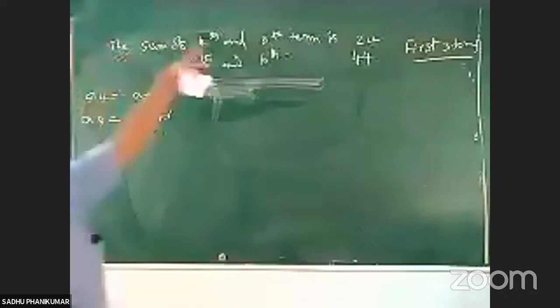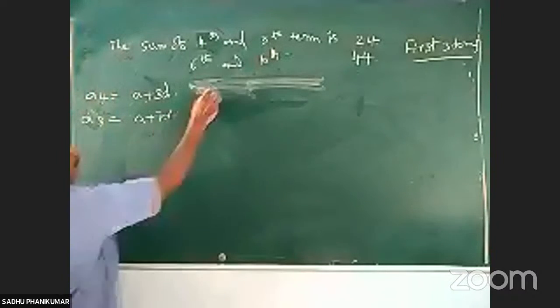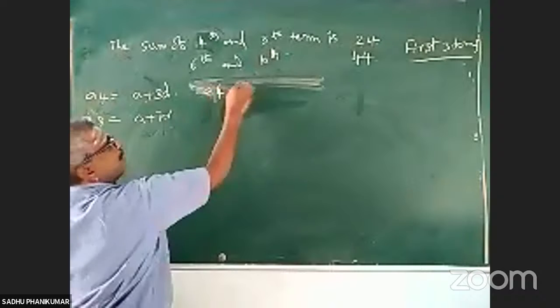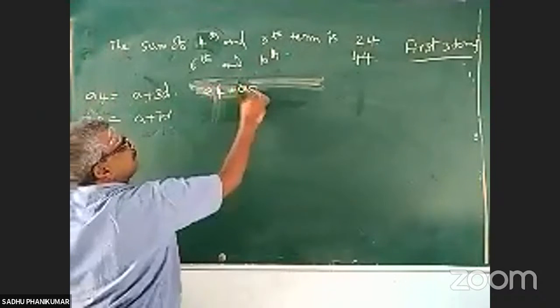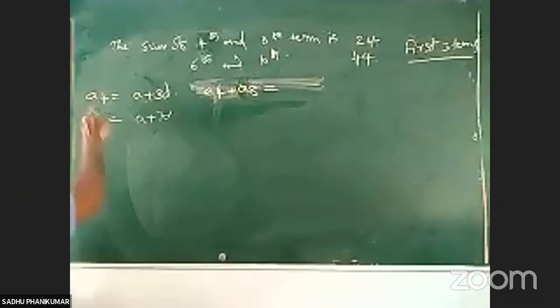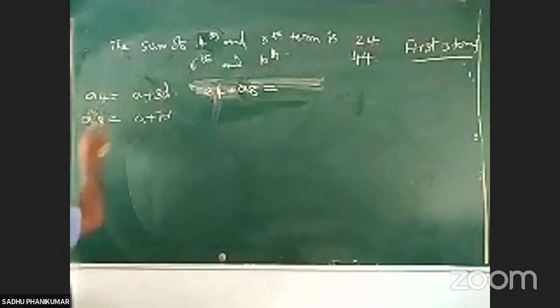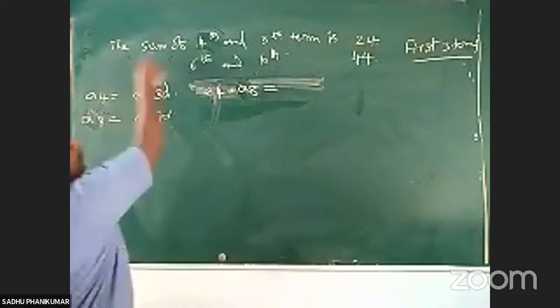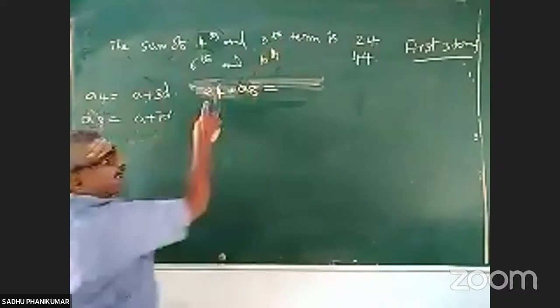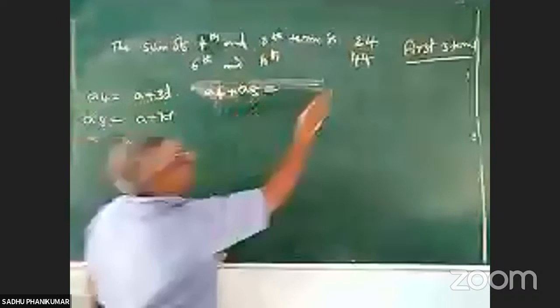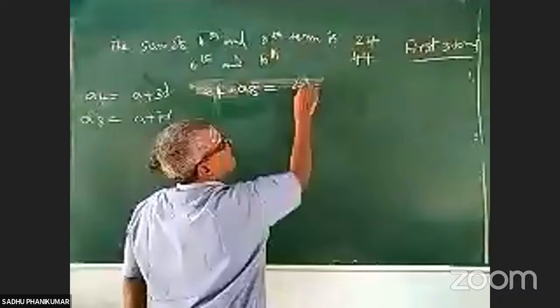The sum of the 4th and 8th term, that is A4 plus A8, is 24.